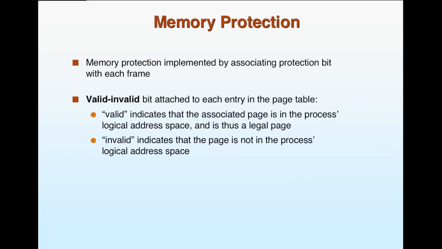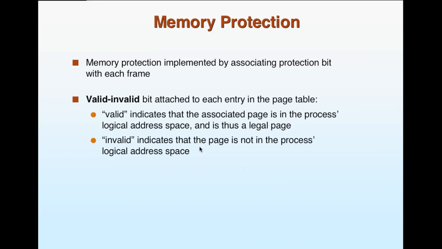And when we do that, we make a very sophisticated page table, because what we're setting is a valid or an invalid bit that's attached to the page table entry for each one of the pages. It says, I'm currently being used by this process, or I'm not being used by this process, I'm being used by another process, somebody else is using this bank, and I don't belong to this process. So valid indicates that the associated page is in the process's logical address space, and thus it's a legal page.